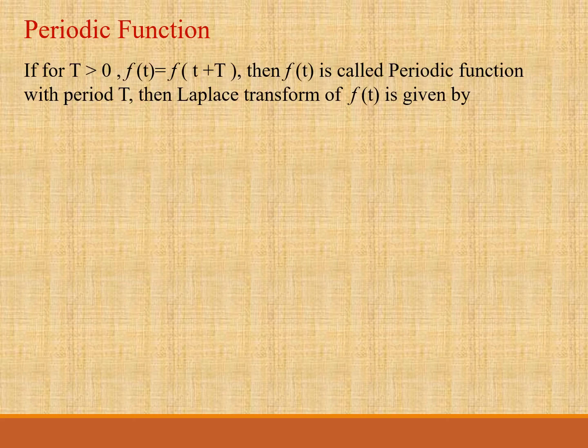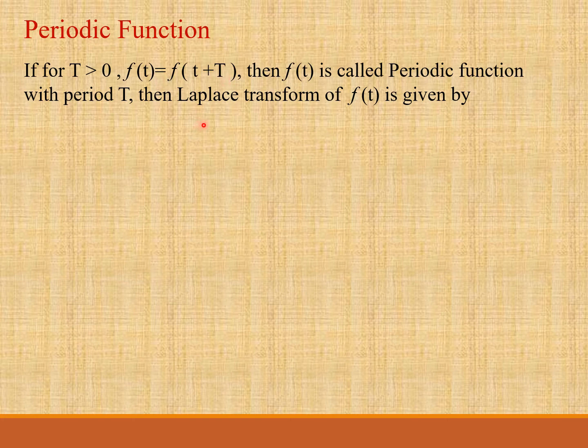If for t greater than 0, f of t is equal to f of t plus capital T, then f of t is called a periodic function with period capital T. Here the period or the interval is denoted by capital T and f of t has the same value after this period.